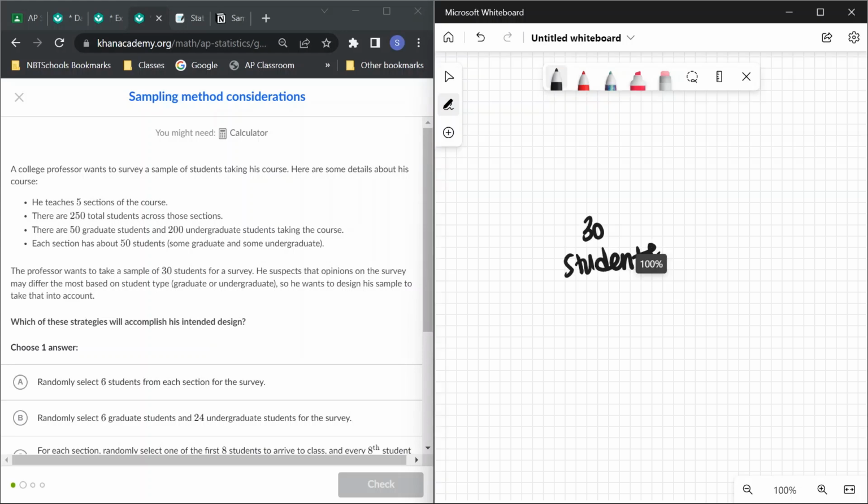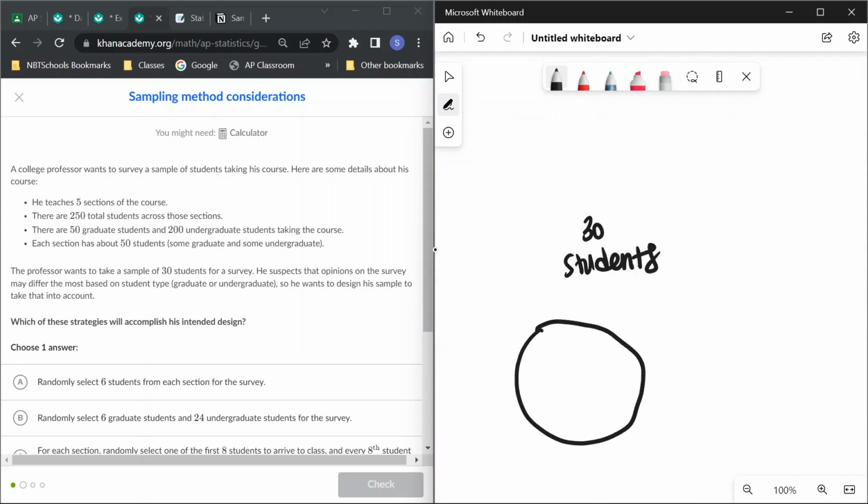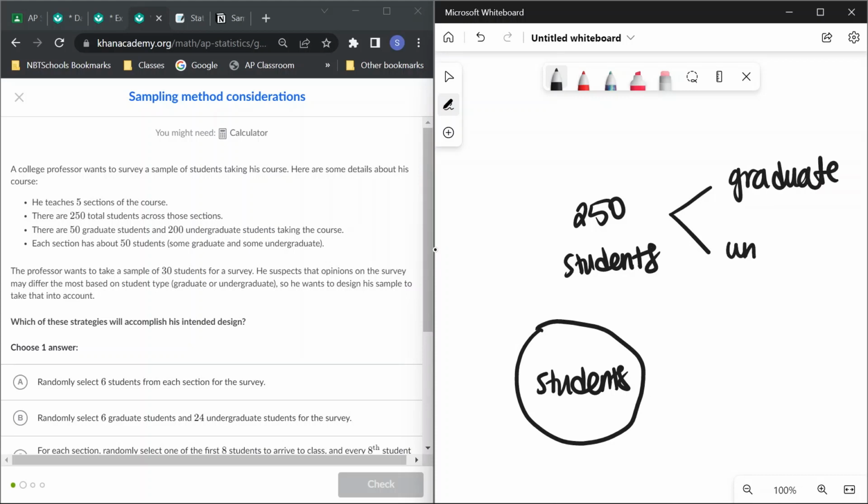We start off with a population of students, and he basically wants them in blocks. So 250 students, and then he wants them in blocks by student type: graduate or undergraduate.